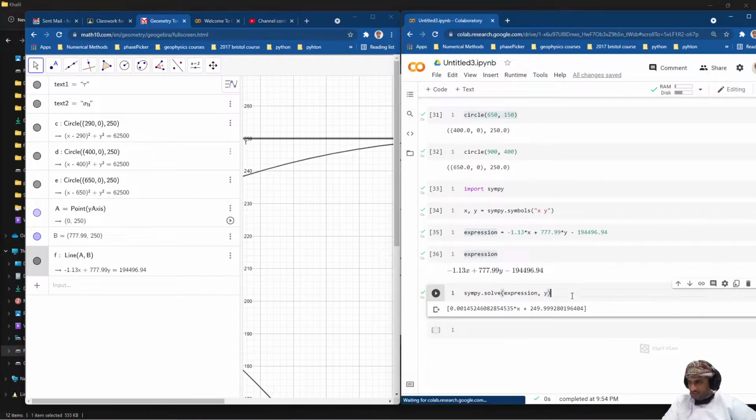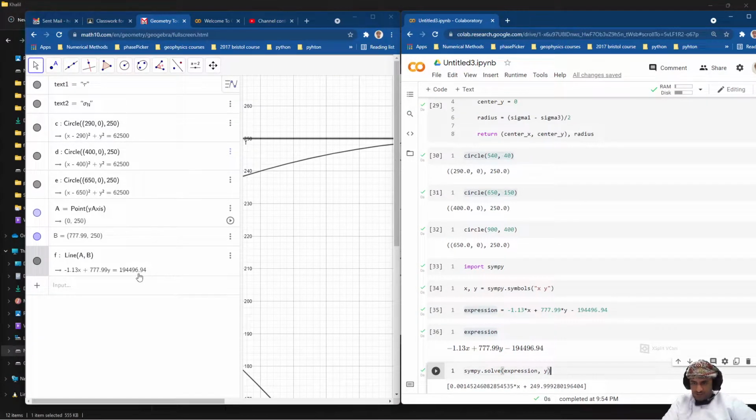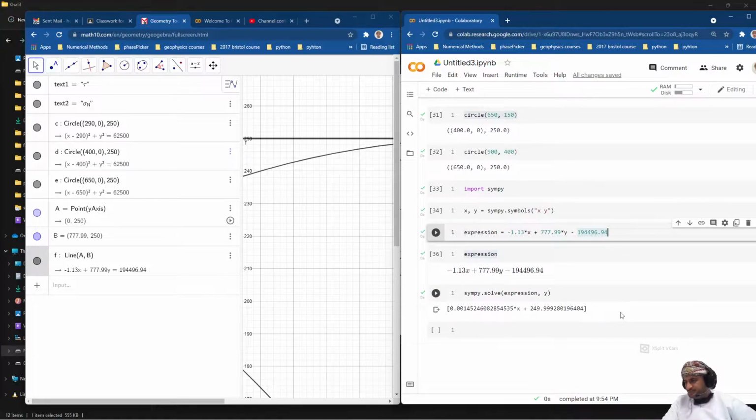So let's see my expression. How much is it? 77.9. Yeah, because there are some rounding errors. So in this case, I just assume that this is basically zero.